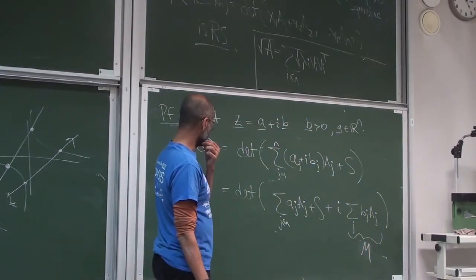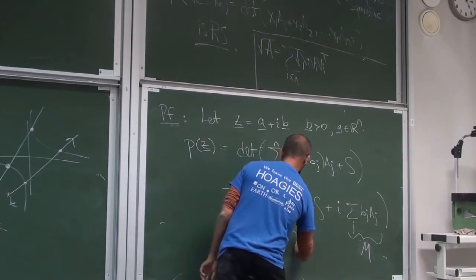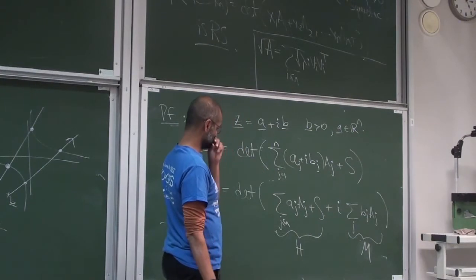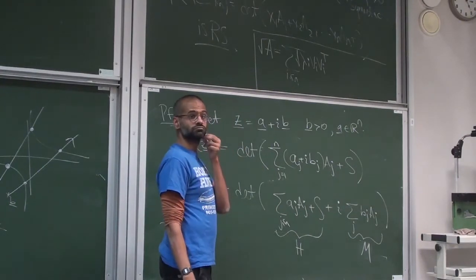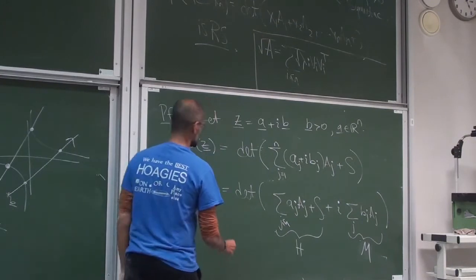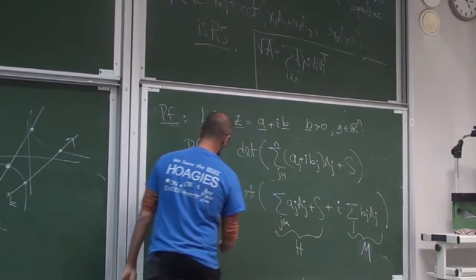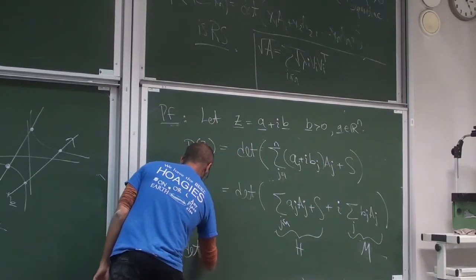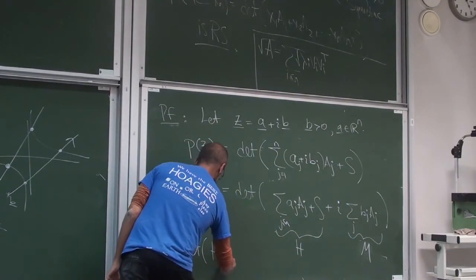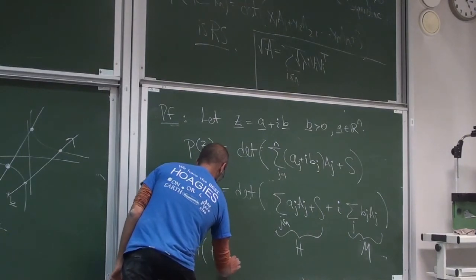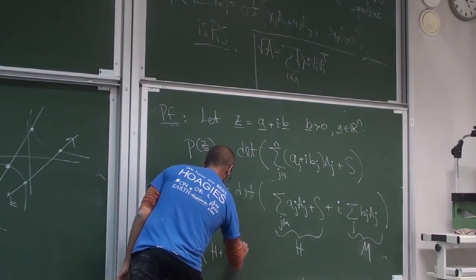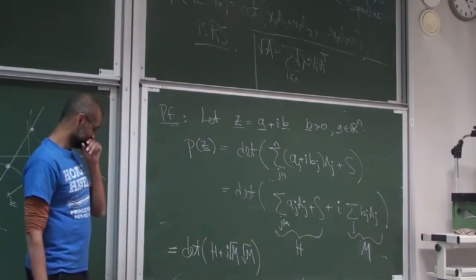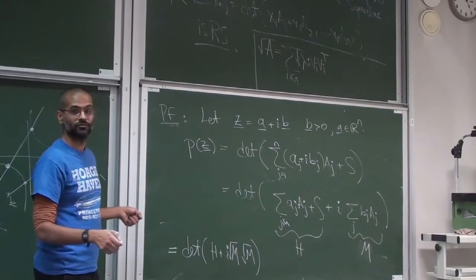And this is some symmetric matrix. Let's call this matrix H. Okay, so now I can just do all the steps. I can write this as determinant of H plus iM, which is H plus i times square root M times square root M. And then I can pull the square root M out on both sides.